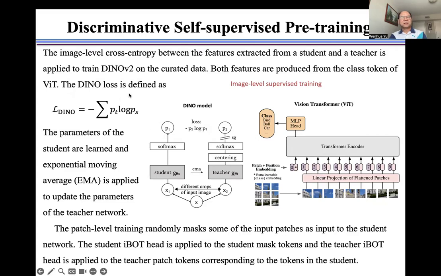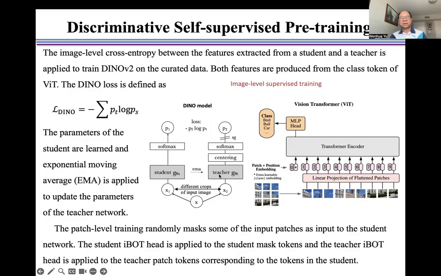The DINO loss is defined as here and explained in this figure: this input image, these different crops of the input image, this student network, this teacher network. The cross-entropy loss is used to train the DINO model.